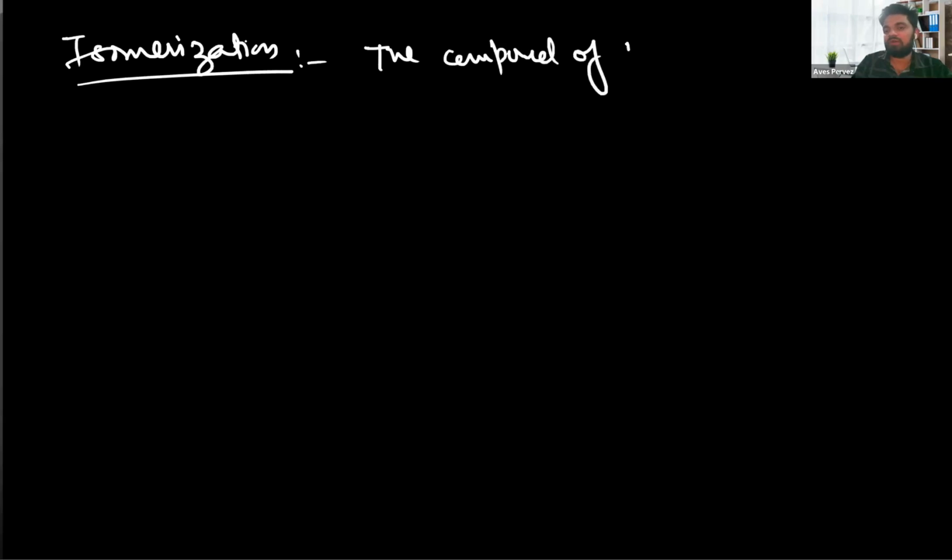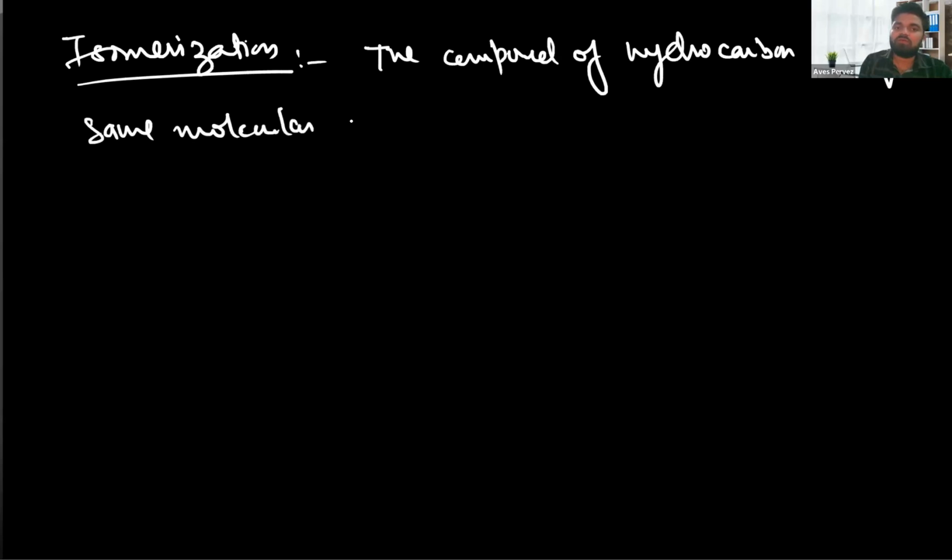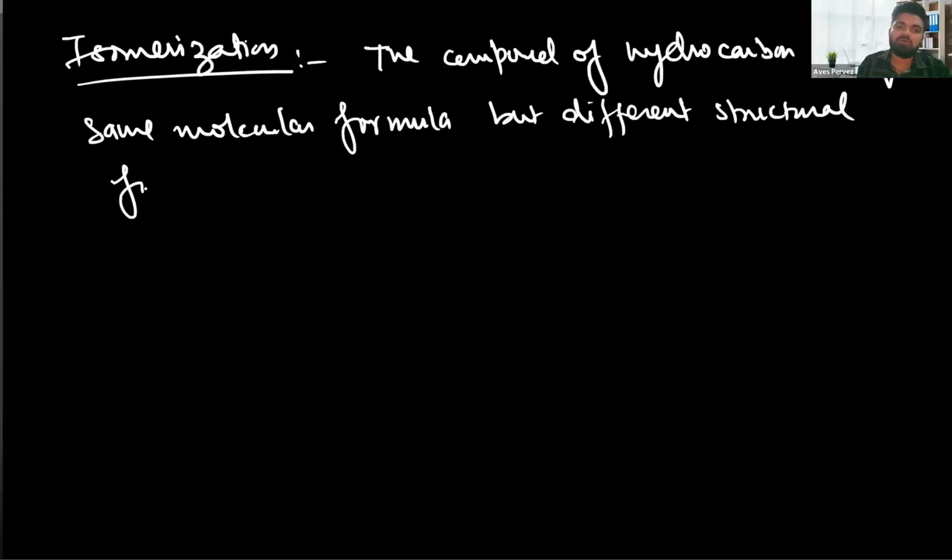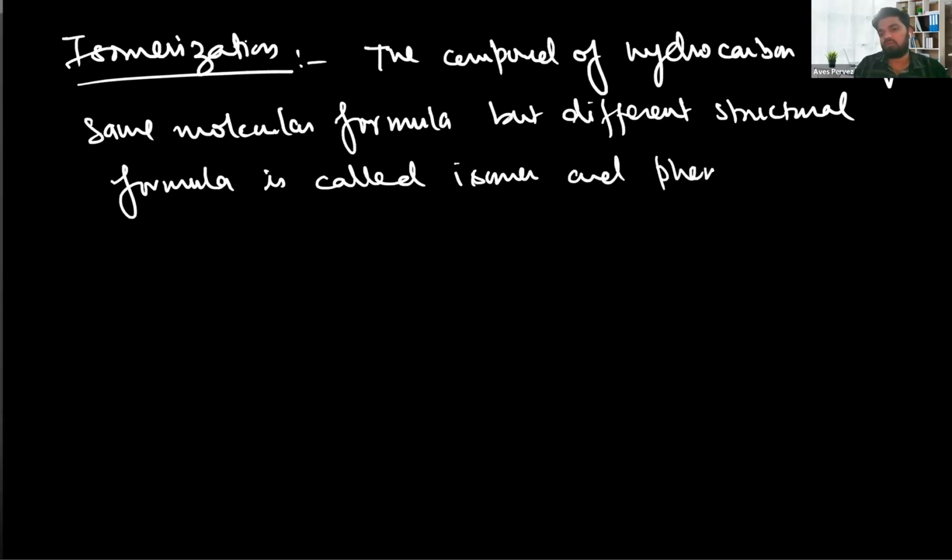the compounds of hydrocarbon having the same molecular formula but different structural formula are called isomers, and the phenomenon is called isomerization.